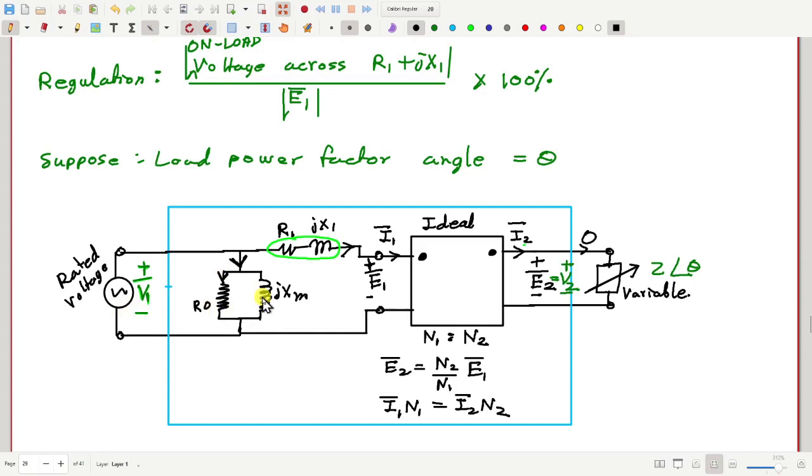Therefore, this model will not work well for different supply voltages. If the supply voltage is constant, then we can adjust the value of this resistance so that it models the hysteresis loss well enough. But that particular value of R0 will not work for a different value of V1. So that is one problem here.